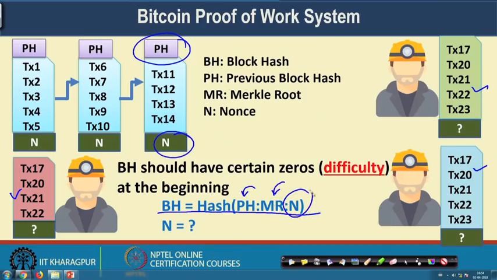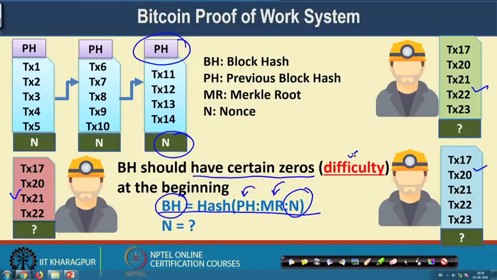So, it includes the Merkle root along with a nonce value. Now, this block hash value has a given challenge. The challenge is that you have to ensure a certain number of zeros at the prefix, just like we did in the Hashcash based system. This is termed the difficulty of the system.